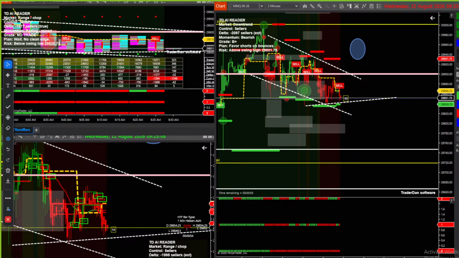Are we going to get a hard flush here? Are we going to hold this support zone and screw everything up here? Order filled. That's the question that we're up against right now. Order filled.